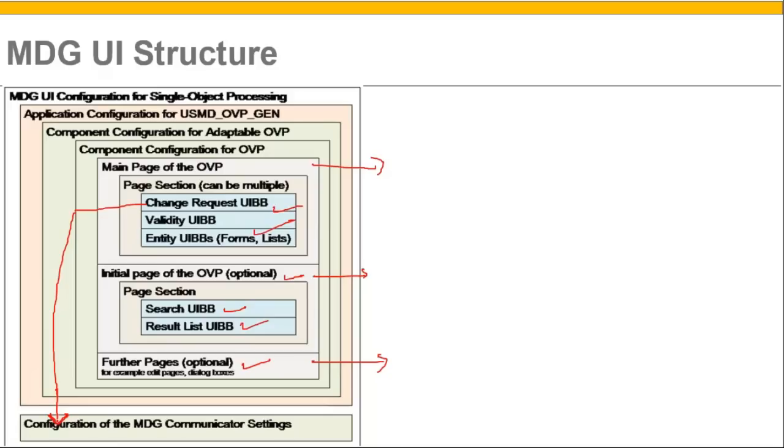That's why I introduced FPM initially, not going directly into MDG. Now you understood that every UIBB in MDG should have a feeder class. So then you can go to change request feeder class and add your attributes, populate the values to it.